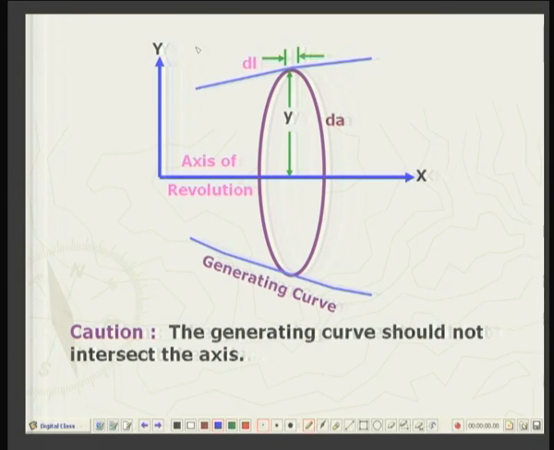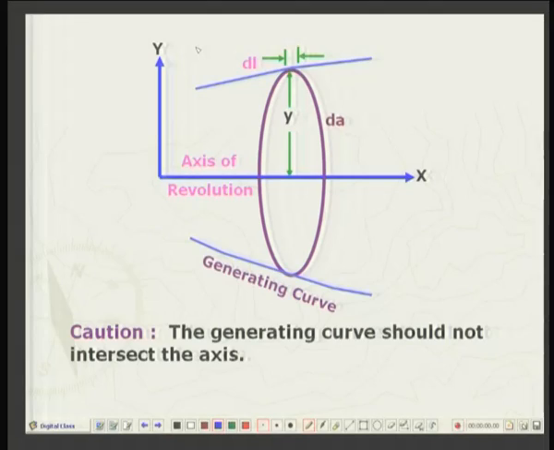So, in this process we will be generating a surface, a kind of conical surface for this figure. This surface is called the surface of revolution, and similarly we can talk about volume of revolution.